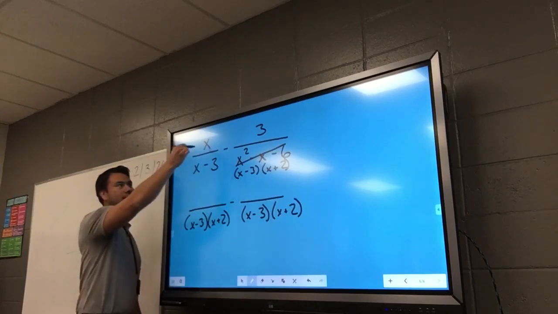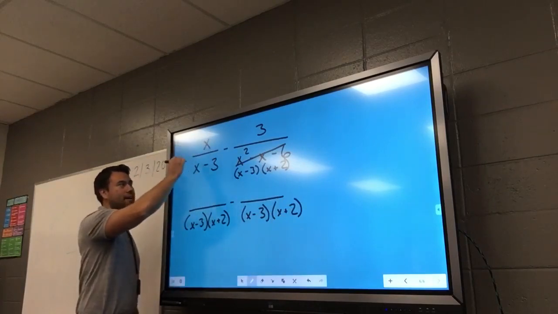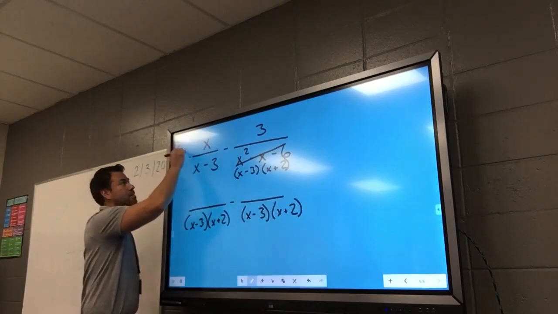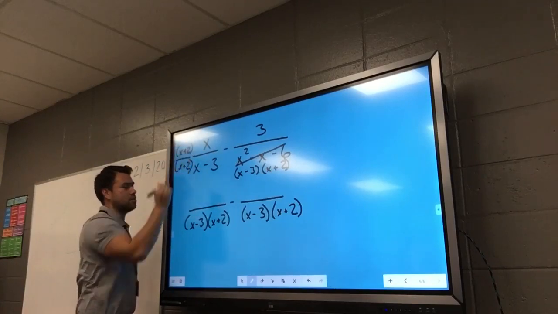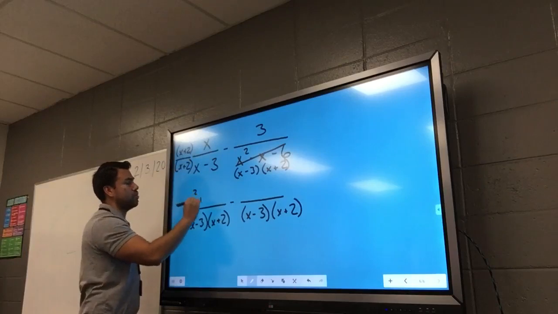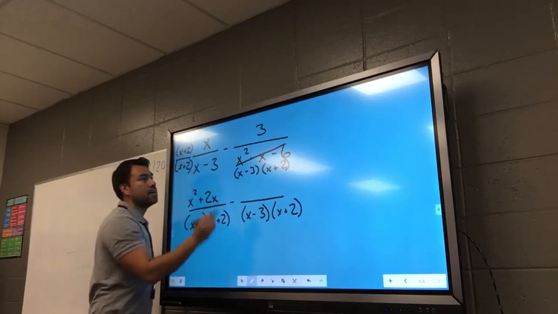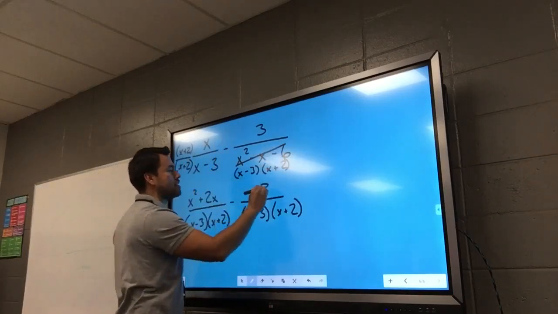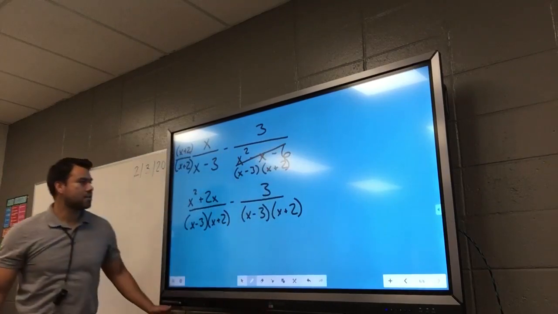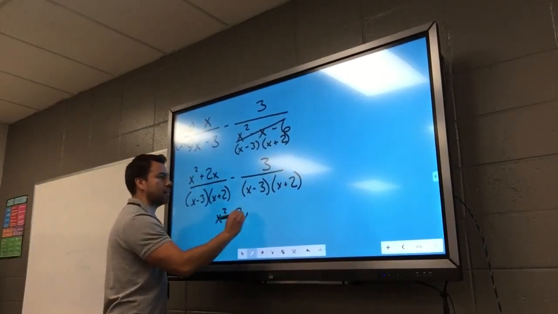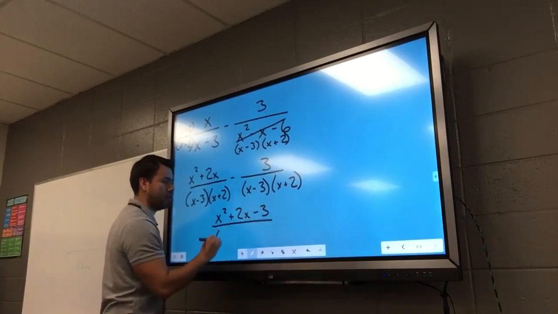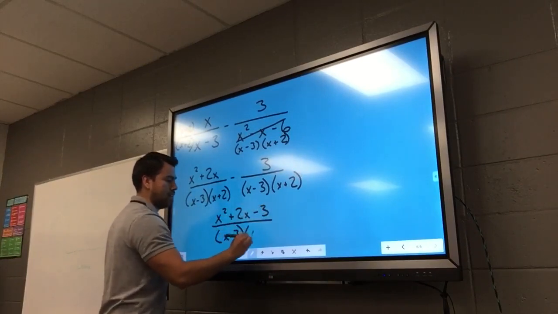I'm going to multiply this first fraction by x plus 2 over x plus 2. x squared plus 2x. The second fraction doesn't need to be multiplied by anything. So I end up with x squared plus 2x minus 3 over x minus 3, x plus 2.